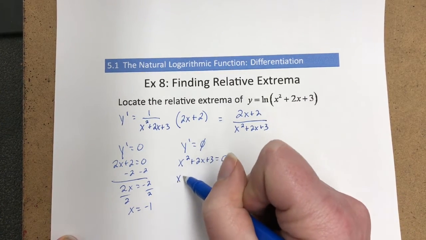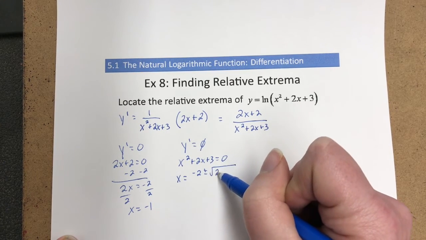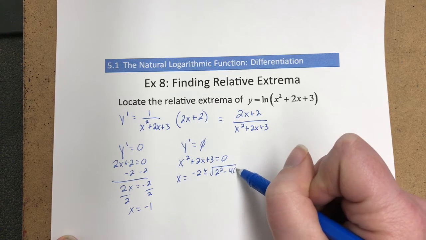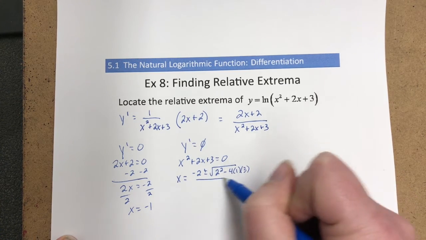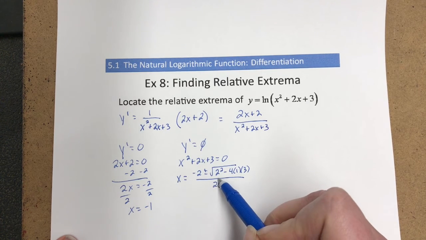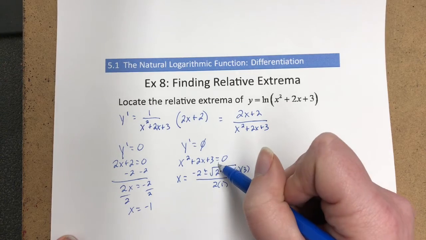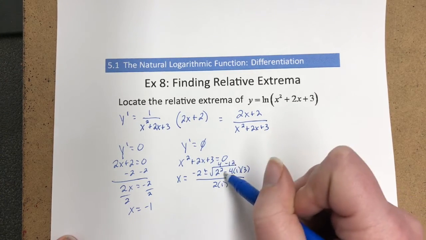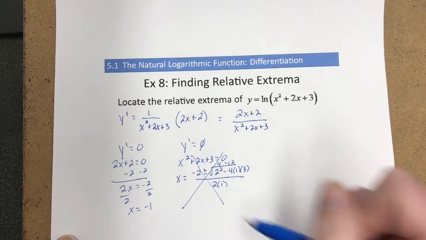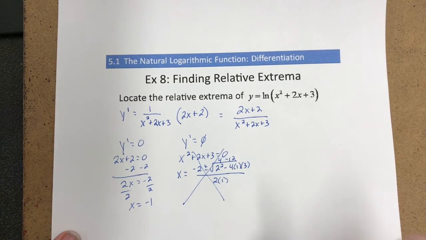So I'll do the quadratic formula: negative 2 plus or minus the square root of 2 squared minus 4 times 1 times 3, all over 2 times a. So I get 2 squared is 4 minus 4 times 1 times 3, so that would be 4 minus 12. So that's going to be an imaginary result. So this never happens, and the only critical number I get is x equals negative 1.